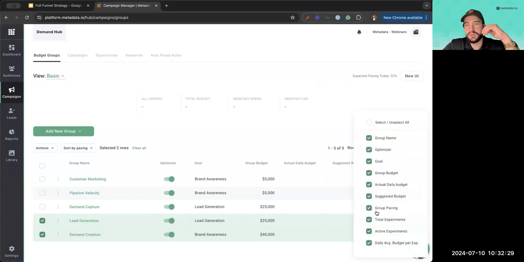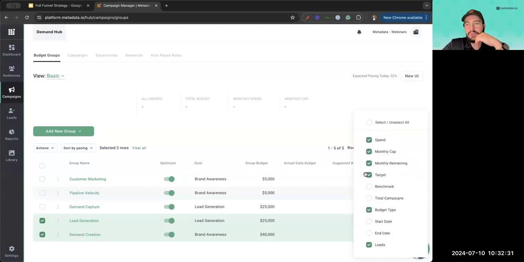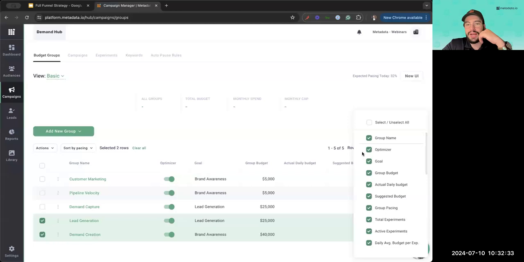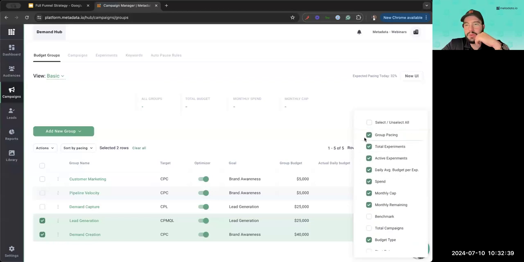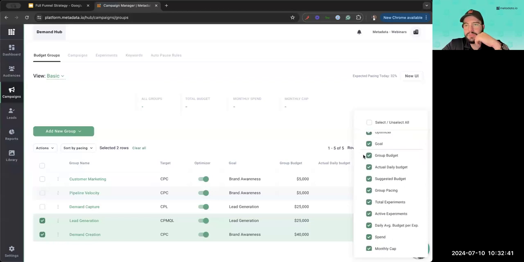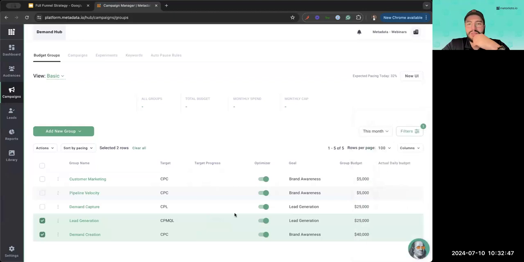And we have columns so that we can arrange it and we can go and track towards that goal at any given point in time. Let me go through here and rearrange it.